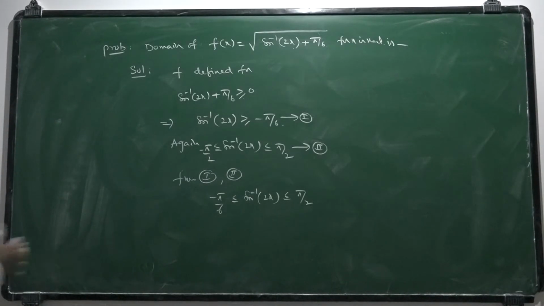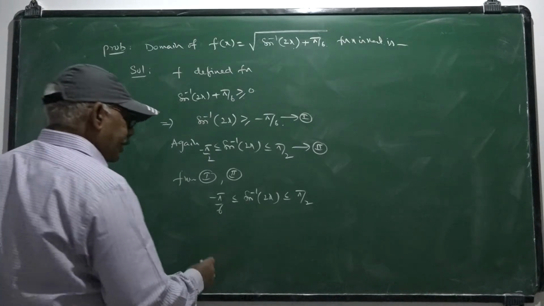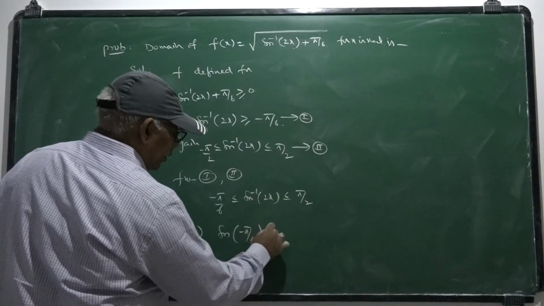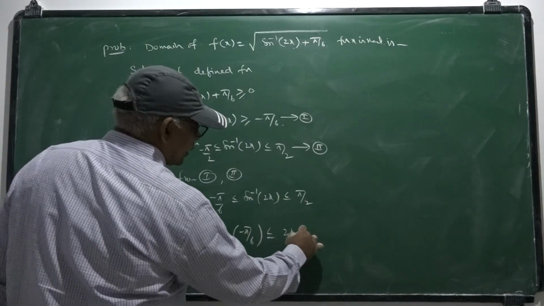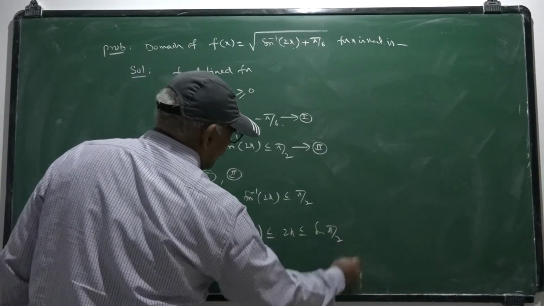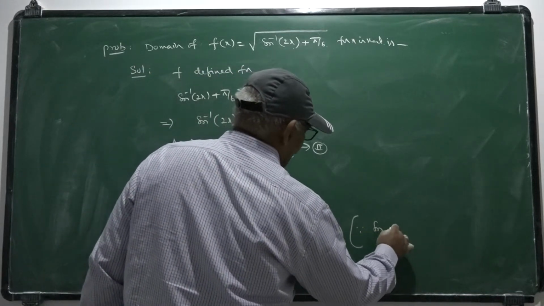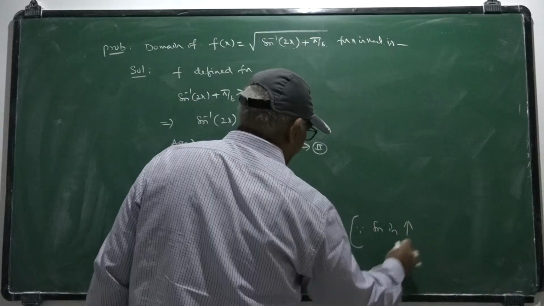Since sine is an increasing function, taking sine on both sides throughout the inequality, we get 2x is less than or equal to sine pi by 2.